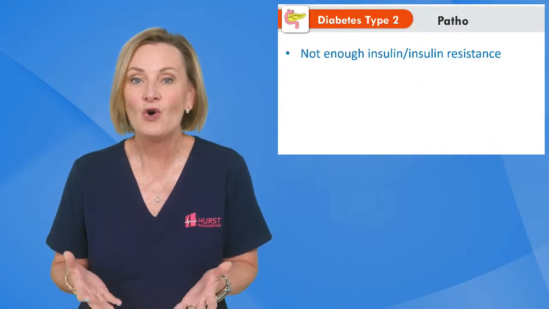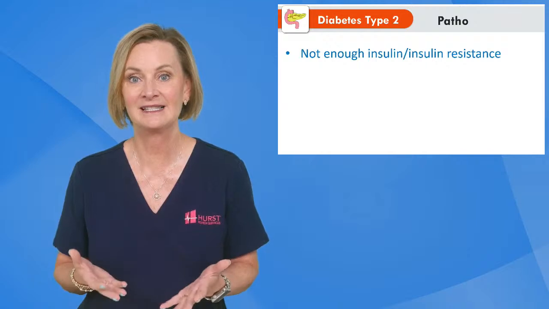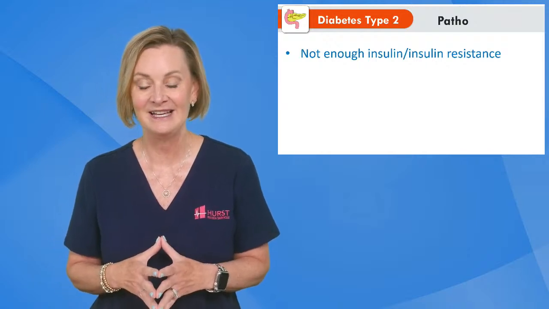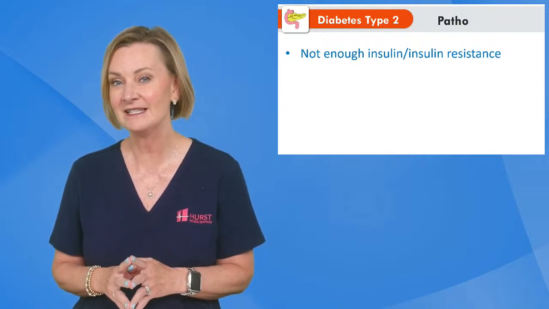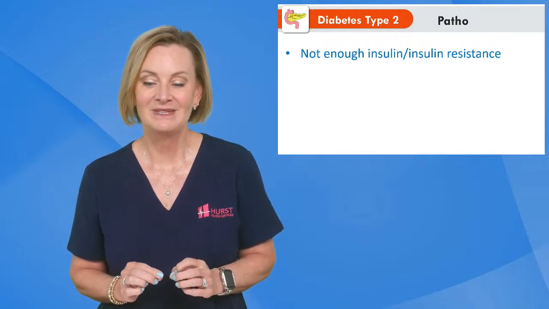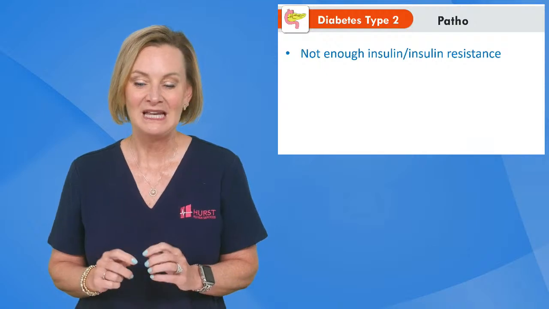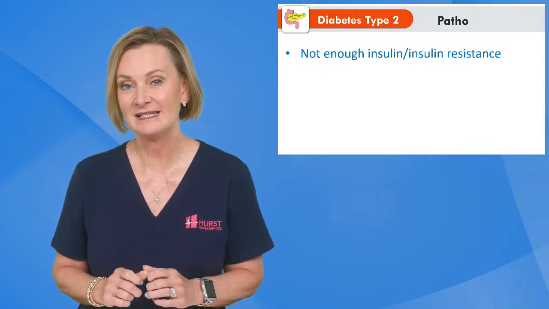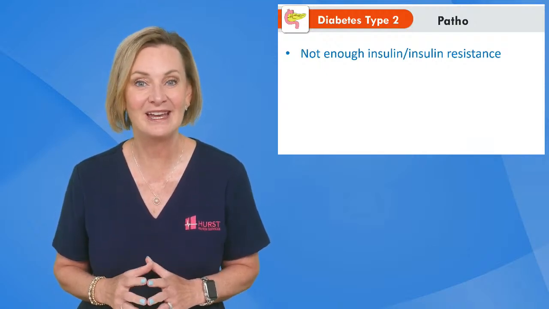So let's talk about the pathophysiology of type 2 diabetes really quickly. These clients do not have enough insulin or they have become insulin resistant, okay? Let me ask you a question. Is this person's pancreas still working?